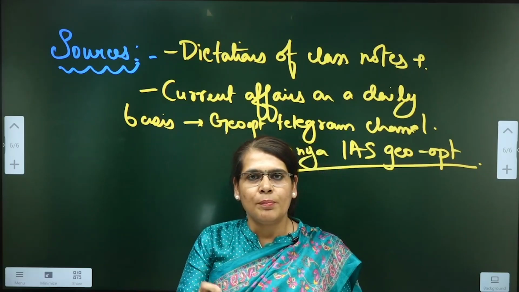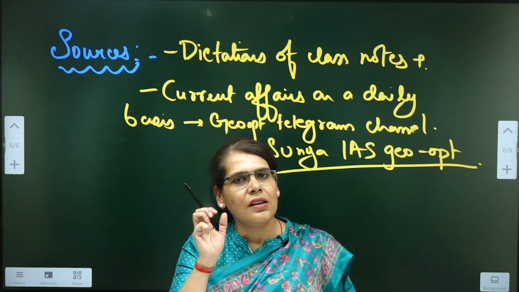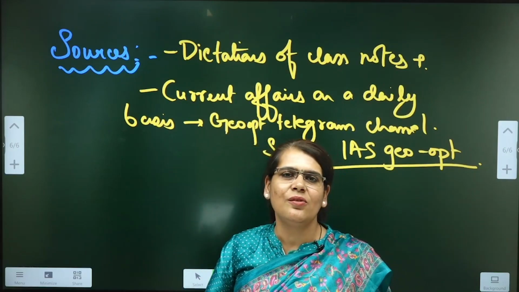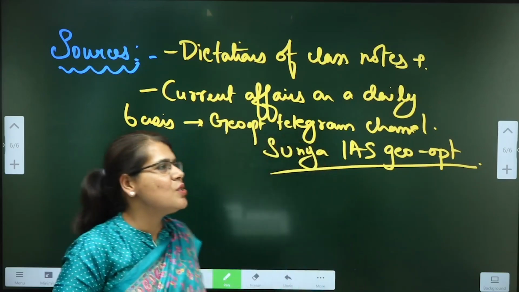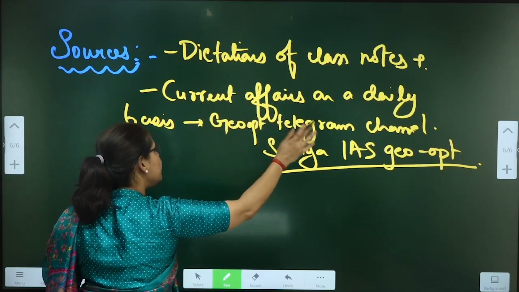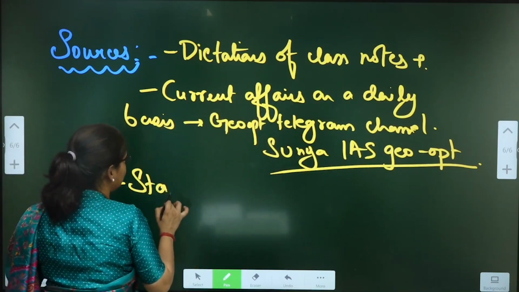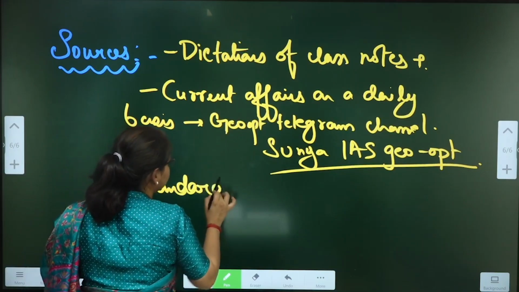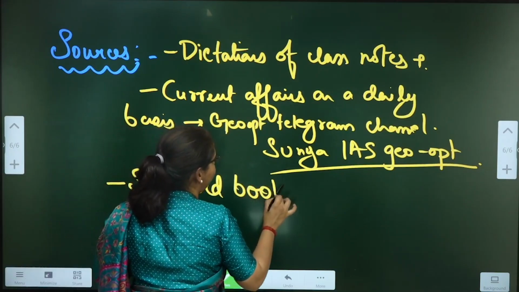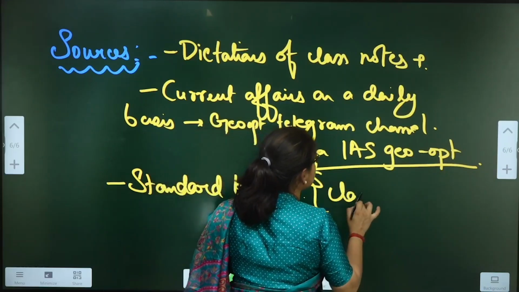So please understand that I'm talking about resources, and your sources should remain very restricted. Okay. So first of all, the dictations of class notes along with the current affairs on the Telegram channel. Along with that, some standard books, which I'll be telling you in the classes itself.